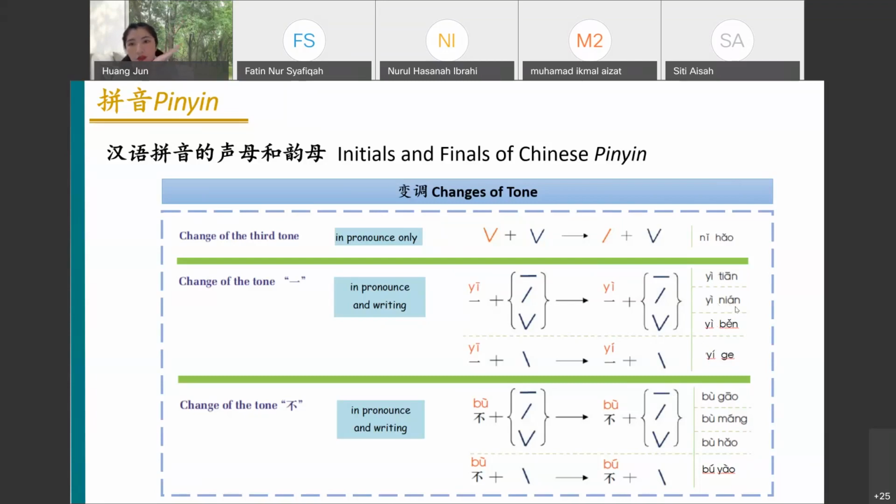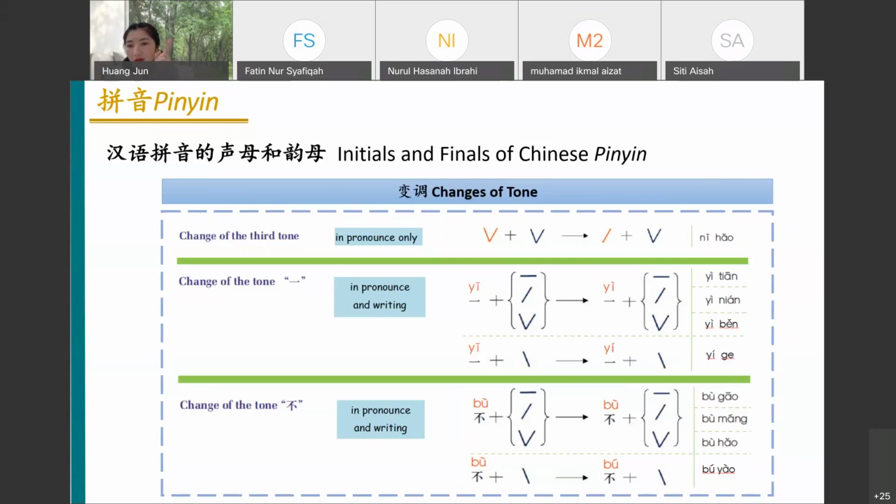We use number 4 tone, matched with number 1, 2, 3 when you read and write. For the word 不, it is still the same like 一: 不高, 不忙, 不好. So we use tone number 4, matched with the first tone. Only for these two words, okay?